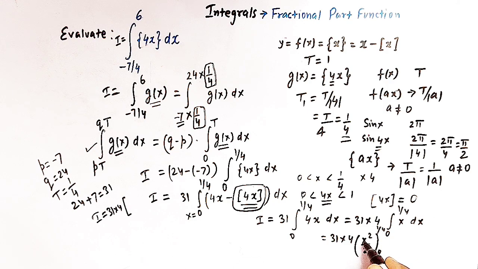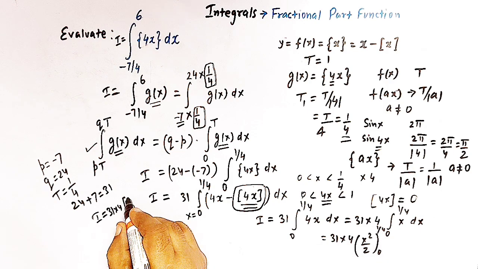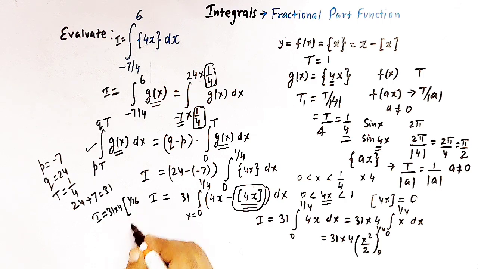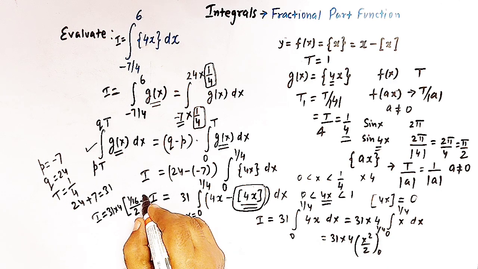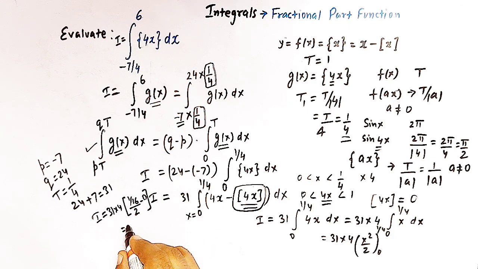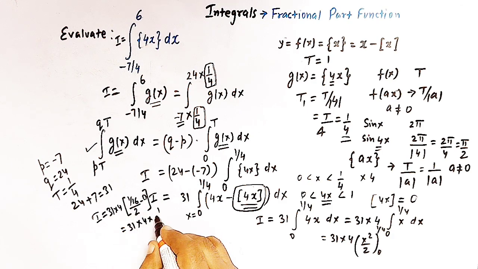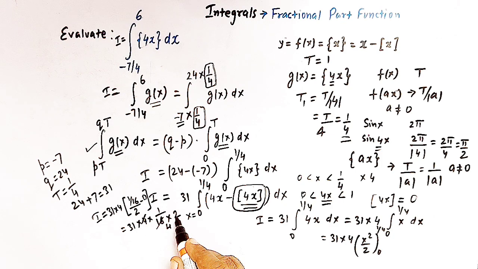So when we take x equal to 1 by 4, here we have 1 over 16 because this is x square, and here the denominator is 2, and when we take 0, this term is 0, right? So now we can solve it. 31 times 4, then we have 1 over 16 times 2, so 4 times 4 is 16, and 4 times 2 is 8.